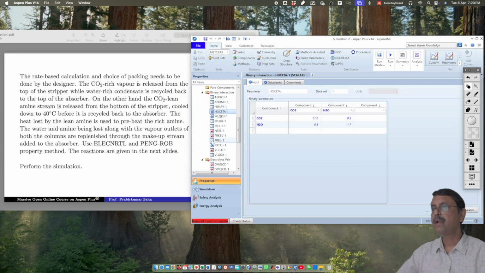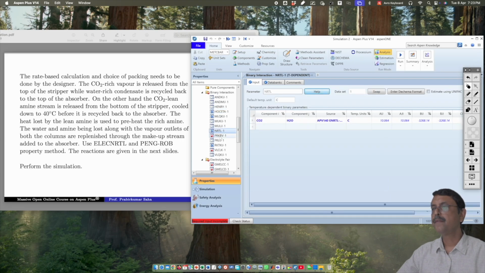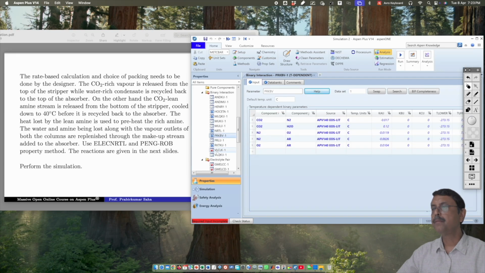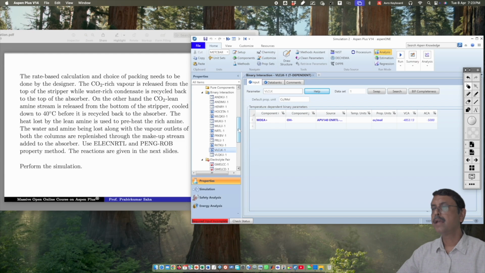This one is calculated. NRTL1 should be calculated. Then PRKV1, VLCLK, and then 4 electrolyte pairs.